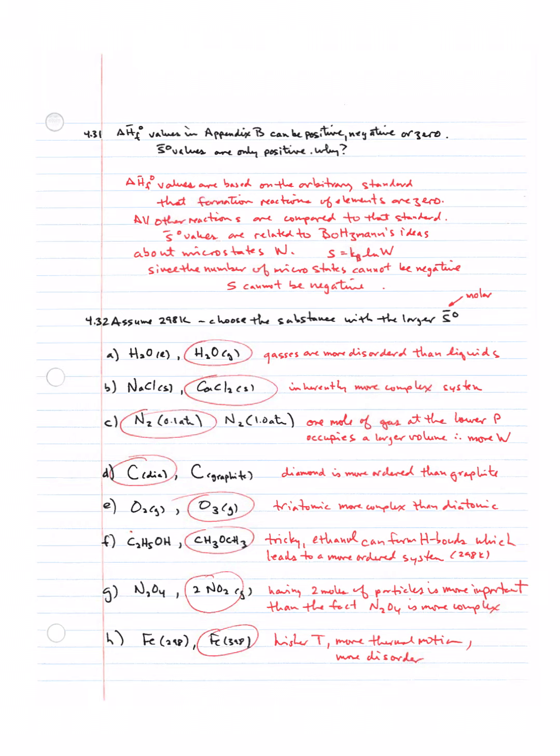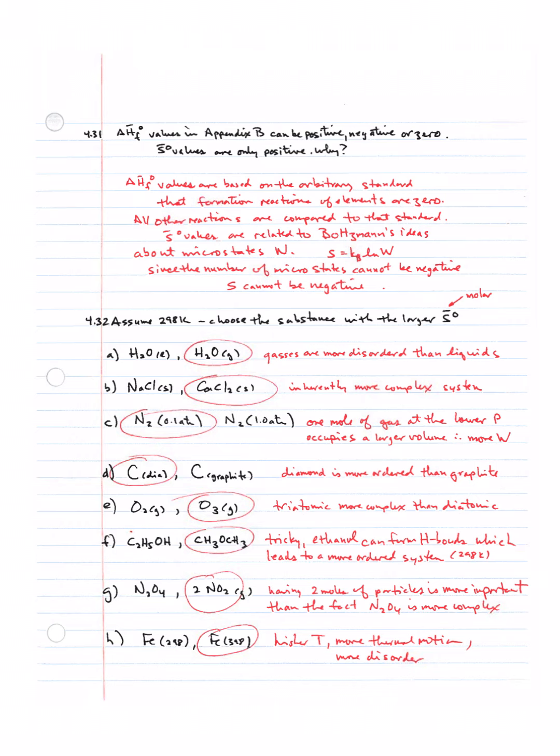But absolute entropy values are only positive. Why is that? Well, delta H_f values are based on the arbitrary standard that formation reactions of elements are 0, and formation of other compounds are related to that. All other reactions are compared to that standard.